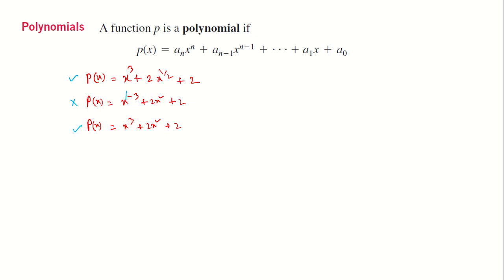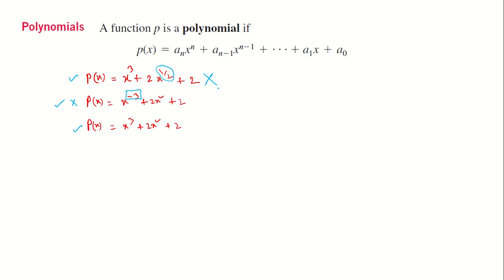For this portion it can't be a polynomial. Okay, this one is right. But what about the first one? Here we have power half. That is a fraction, a square root. So it is not a polynomial.